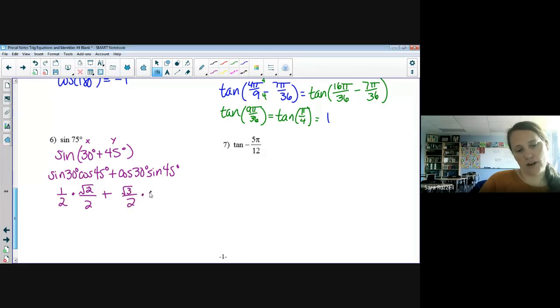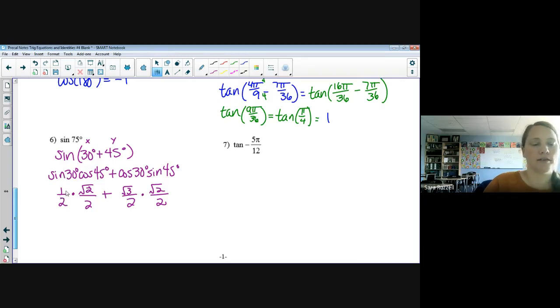And sine of 45 is root 2 over 2. So I just wrote down what all of those were. We okay with that step using the unit circle? Yes, nobody moved. Writing that down.